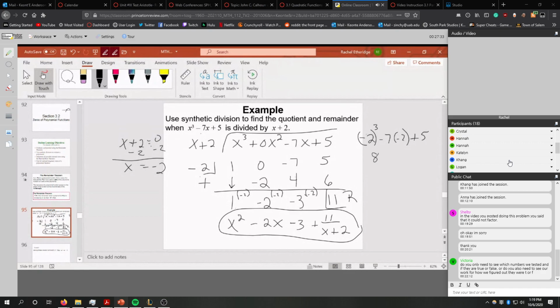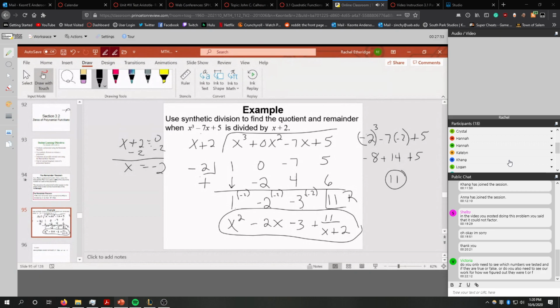So that gives us -8 minus 14 plus 5. No, plus 14, I'm sorry. So -8 plus 14, that's 6 plus 5, that's 11. So it does.